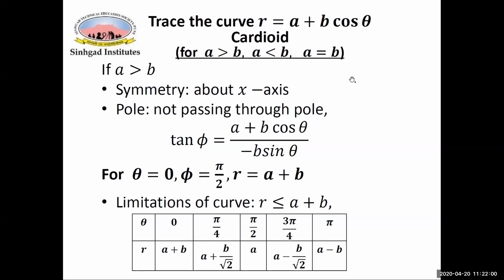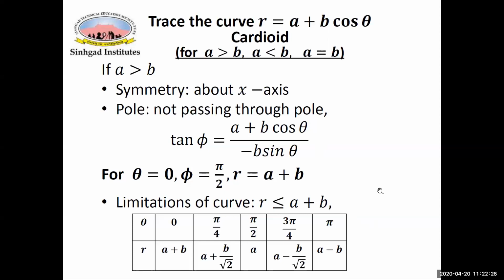So we got the first thing, it is symmetric about the x-axis. It does not pass through the pole. And then the tangent to the curve along the line theta equal to 0 is the perpendicular tangent. Now we'll check the values of r in the first two quadrants.